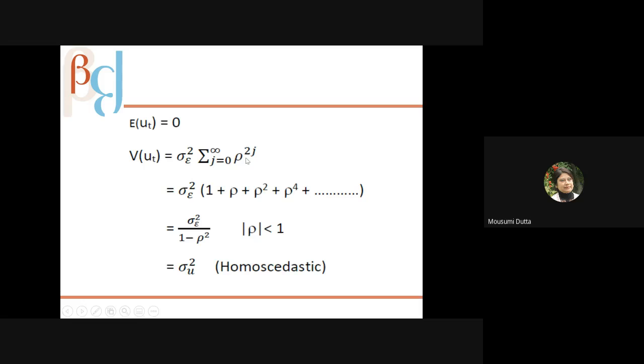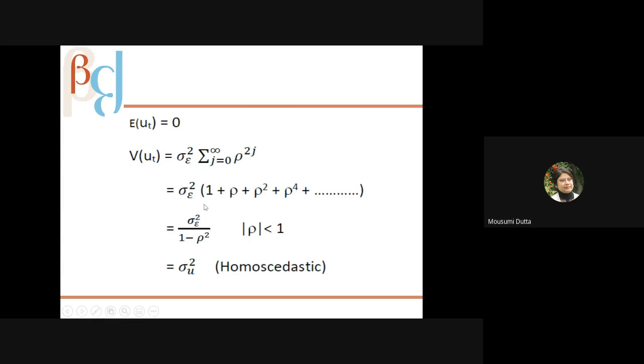Now when j is equal to 0, it is 1. When j is equal to 1, there is a mistake in what is written here. This rho term will not be here, so please cancel this rho. Please note down this expression: the variance of u_t is equal to sigma epsilon square into the summation from j equals 0 to infinity of rho to the power 2j.